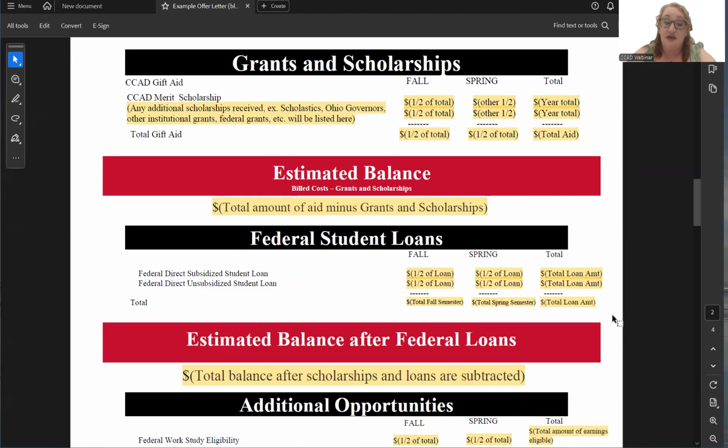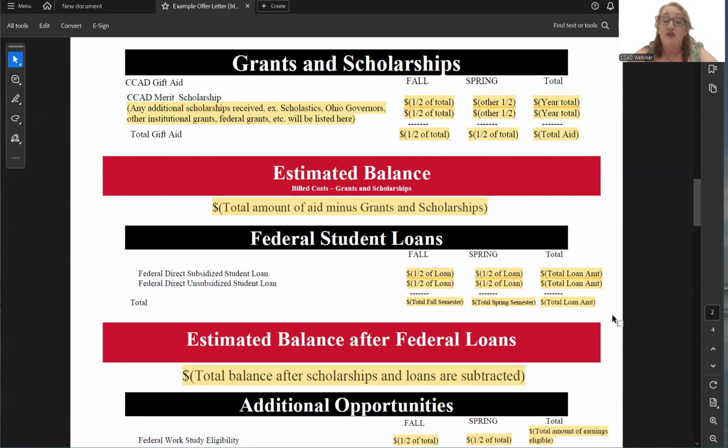If you decide to take out the federal direct subsidized student loan for this year, you'll be able to borrow each year if you need it. That means that if you borrow that amount of money, the interest rate won't start adding up until you graduate, okay?